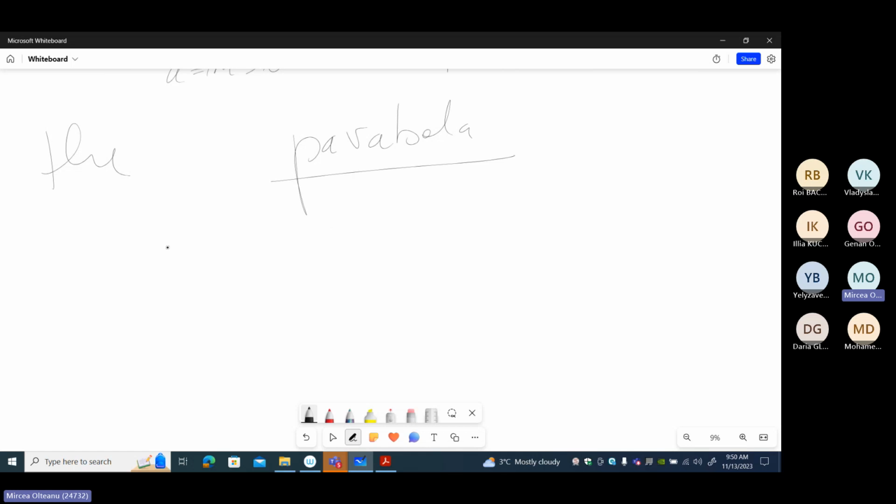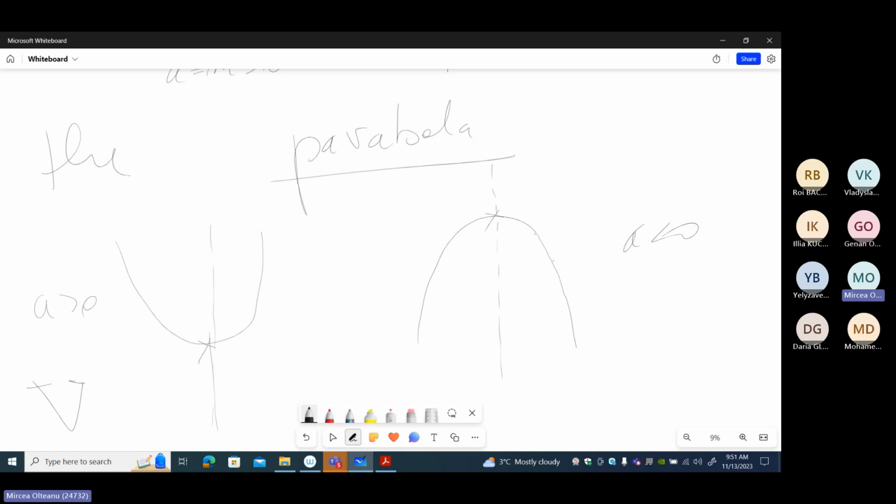And this parabola looks like this or like that, depending if A is positive or A is negative. You see, on the parabola, there is a point called the vertex. It is symmetric with respect to a vertical line which passes through this vertex.